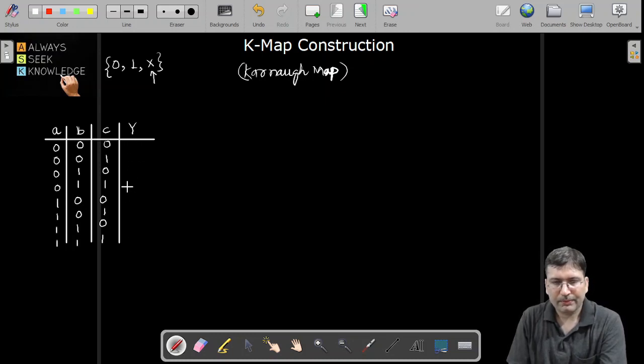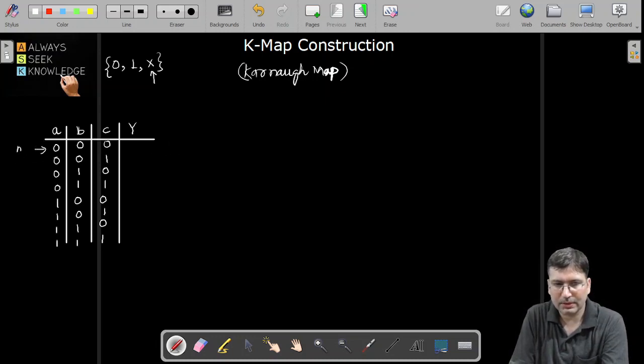Now let's say these positions are there. As I told you, K-map is the modified form of the truth table. There are 8 positions in this, and these terms we already have seen in the previous lecture.